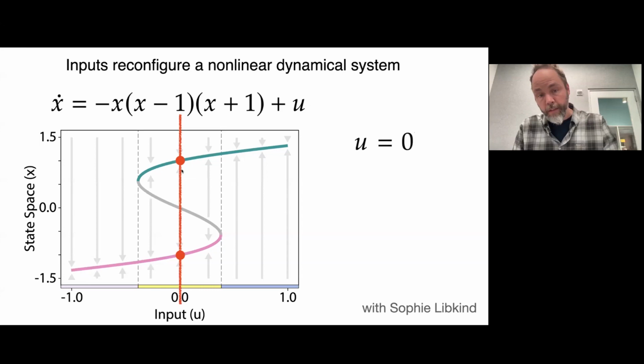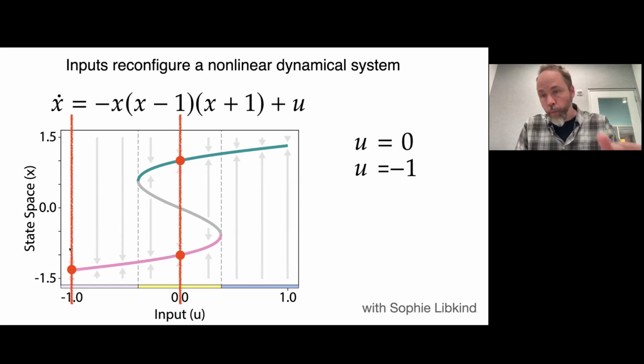There are 3 fixed points, 2 of them stable. And if you set U to -1, then you jump all the way over here, and now you have a system with 1 single stable fixed point. If you imagine you started the state X here, when U goes to -1, you'd hop over here and it would just go to the fixed point.